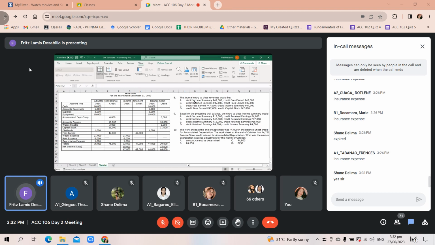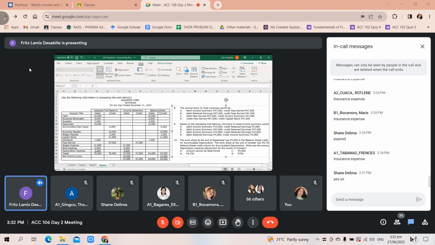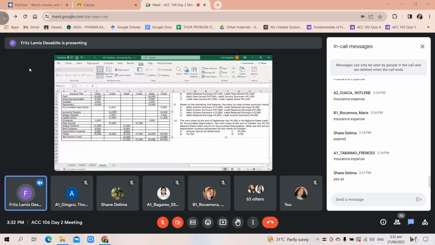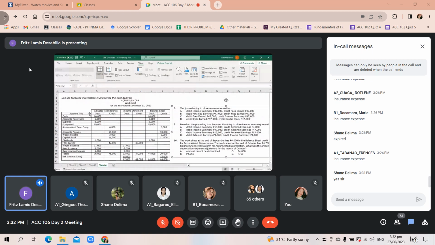Okay, so let's start. So this is an example of a worksheet. So let us go over the items or the given. So kanay adjusted trial balance. So mag-ingon pag adjusted trial balance, all adjusting entries has been already considered.